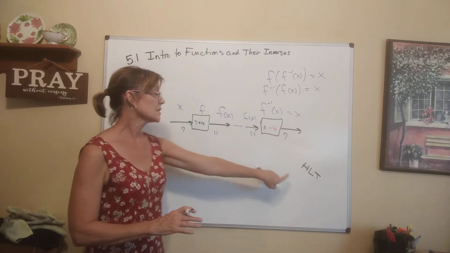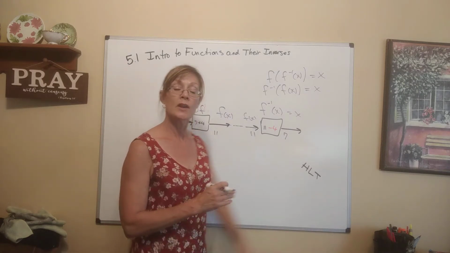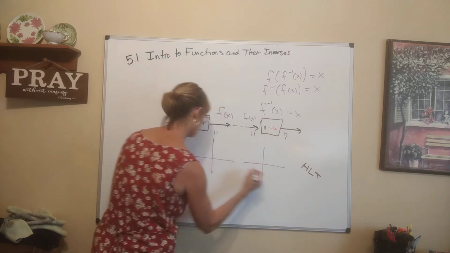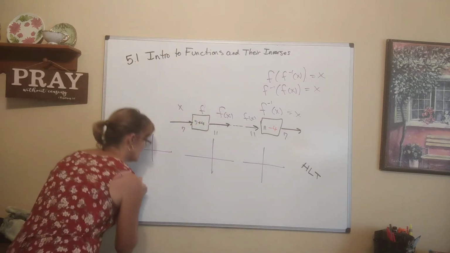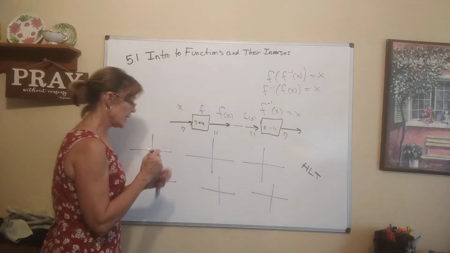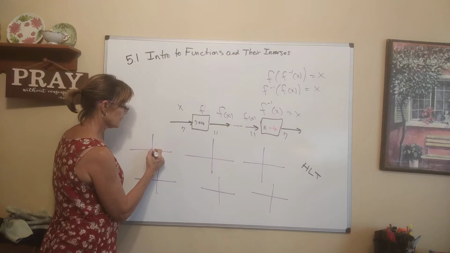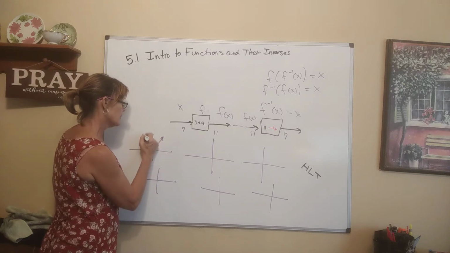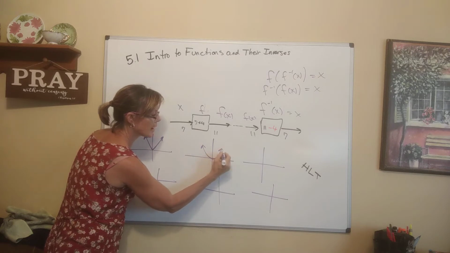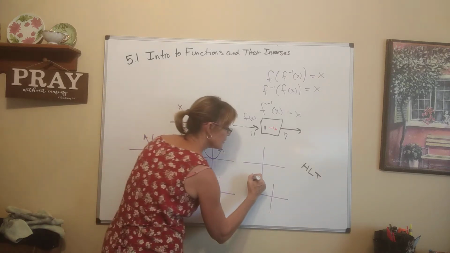So let's look at something called the horizontal line test. Here are some functions that we have seen many times. I'm going to say this is the absolute value function. You guys are familiar with it. This is x squared, the parabola. This is x cubed.